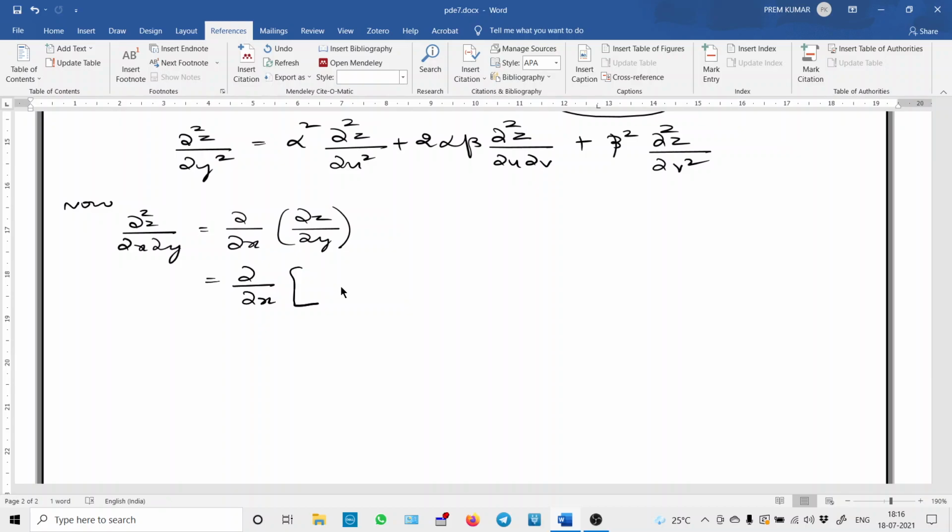This is the same as alpha into ∂/∂x of ∂z/∂u plus beta times ∂/∂x of ∂z/∂v. Equals alpha times, here again the same thing, so ∂/∂x of ∂z/∂u we can write as ∂/∂u of ∂z/∂u into ∂u/∂x plus ∂/∂v of ∂z/∂u into ∂v/∂x.